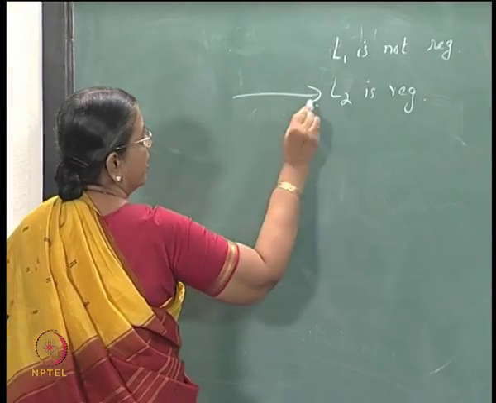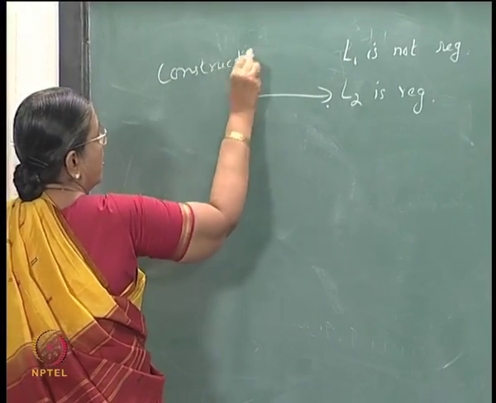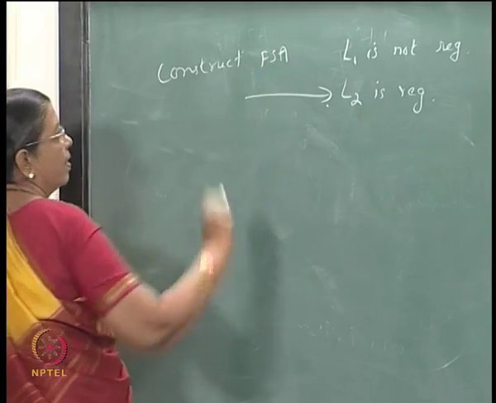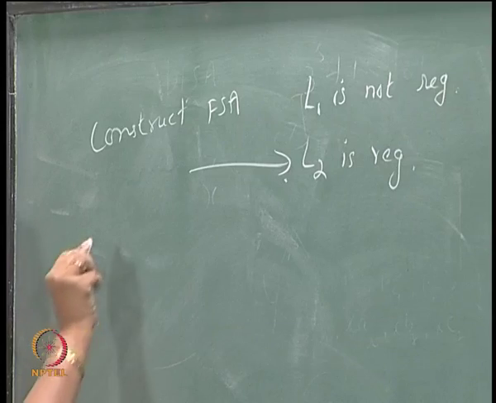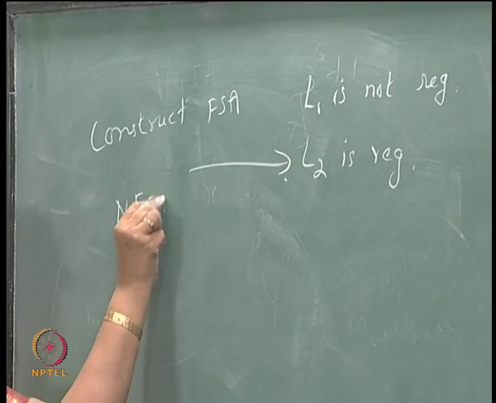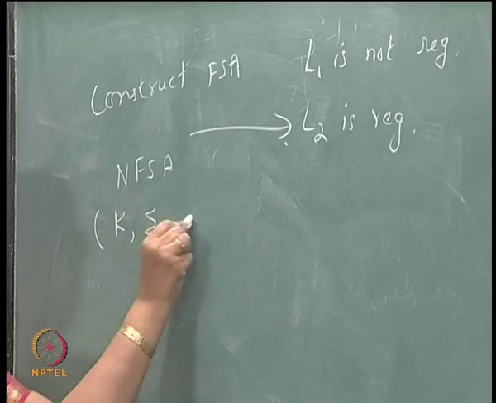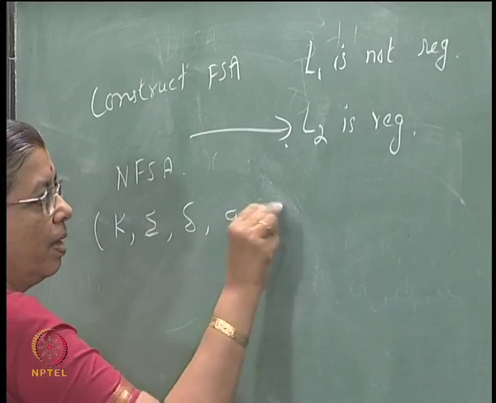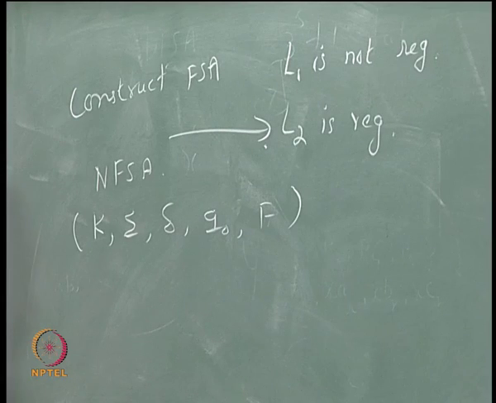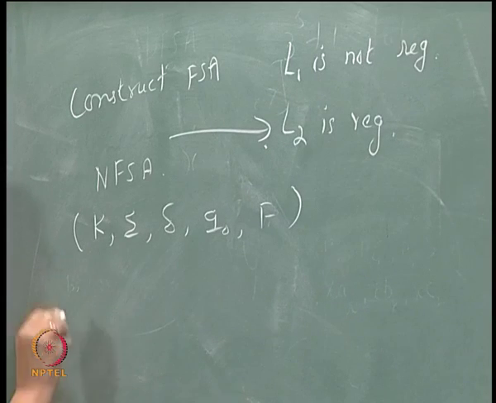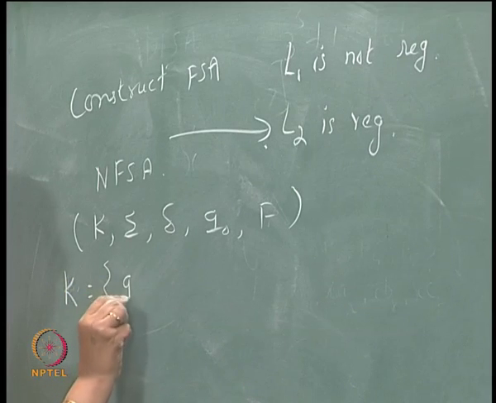For this, construct an FSA. You construct an NFSA like this, K, sigma, delta, Q naught, F, where K has states like this.